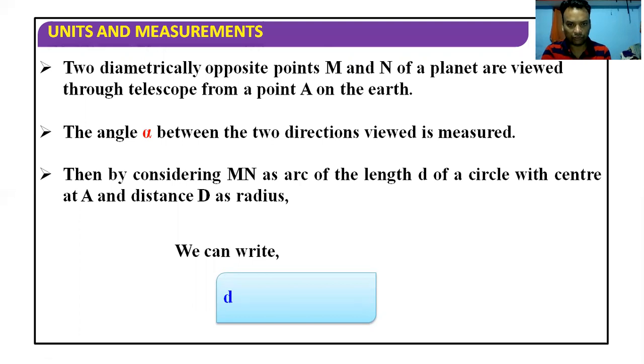While we shift our telescope from point M to N, the angle is alpha. Again, it is a parallactic angle. Alpha, you can take it as theta, you can take it as any angle. Basically, it is an angle which is called the parallax angle. With the same technique, mark this M to N distance as small d. This is the diameter, small d.